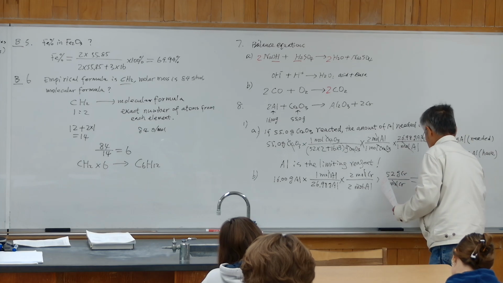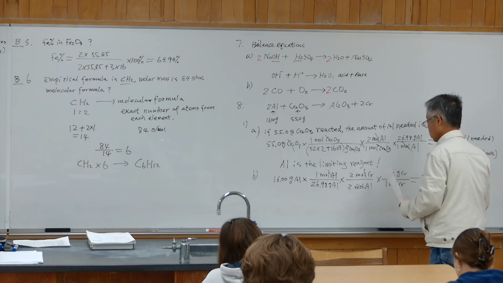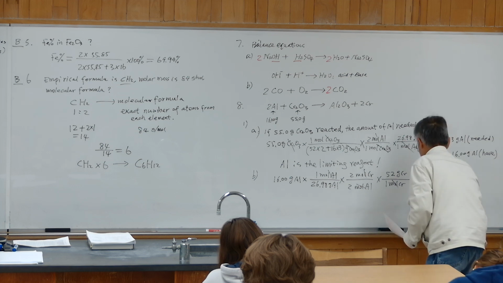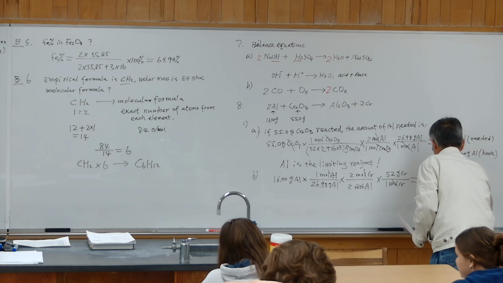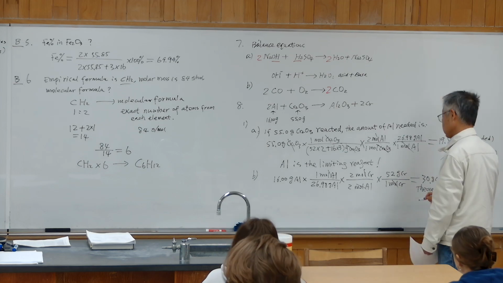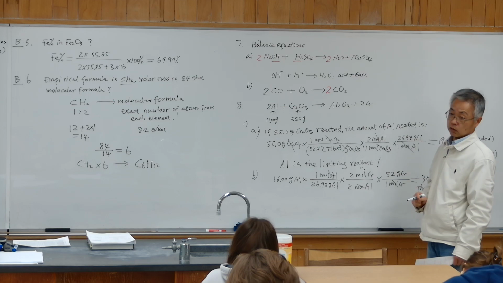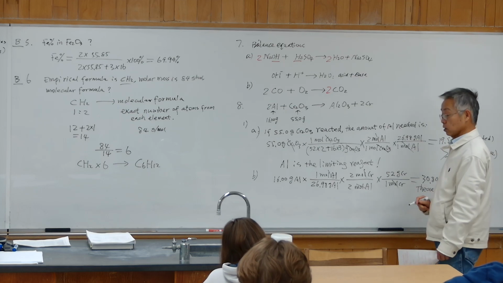This gives you 30.84 gram. So theoretically, if 16 gram of aluminum reacted, you should expect 30.84 gram chromium to be produced. So this we call theoretical yield.